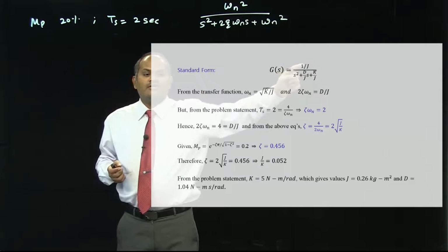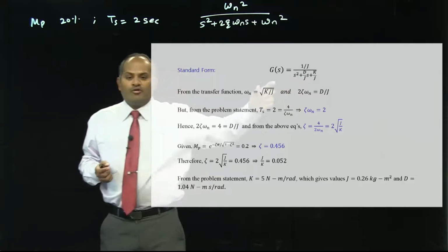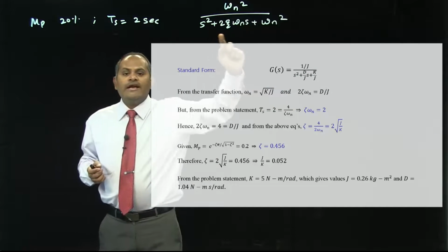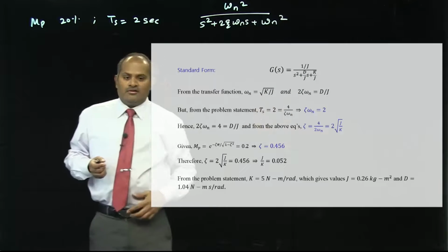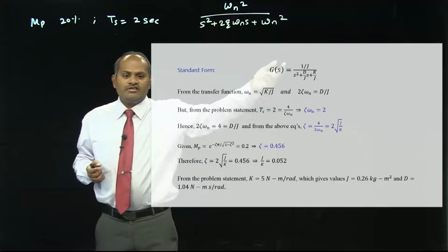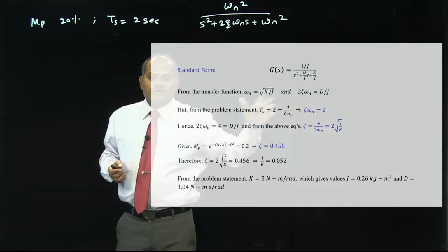We can write it as 1 by J over s square plus d by J s, so s square should not have any coefficients. Divide the coefficient, write in the standard form and then compare for eta and omega n. Comparing these two equations, I can get expressions for omega n and eta omega n.